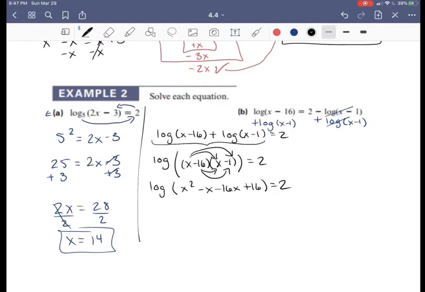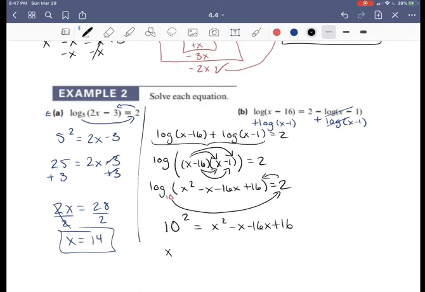Now, we can go exponential on this one as well because we have a base of 10. Therefore, we start at the base, go across the equal sign, so that's squared, and then we have to return, which is x squared minus x minus 16x plus 16.